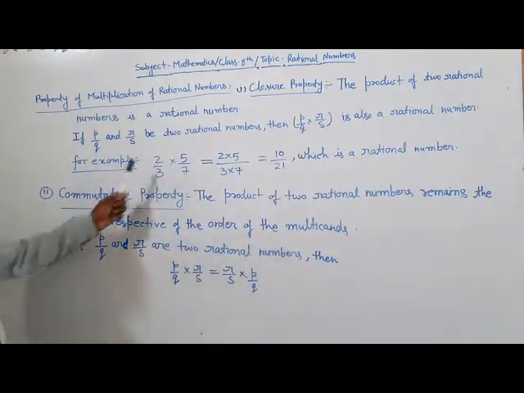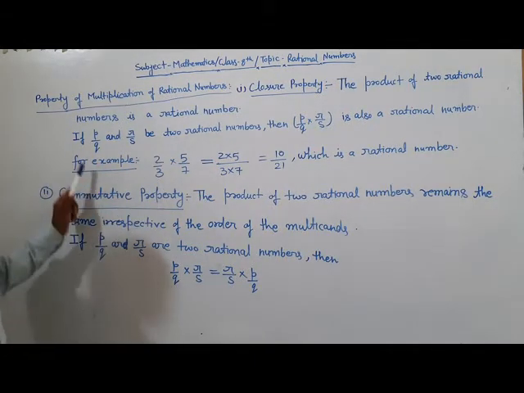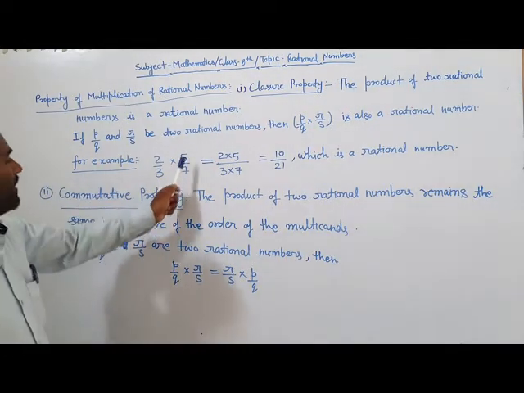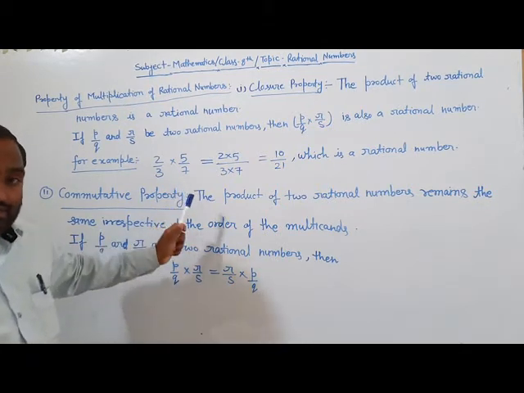For example, 2 by 3 is the first rational number, 5 by 7 is the second rational number.